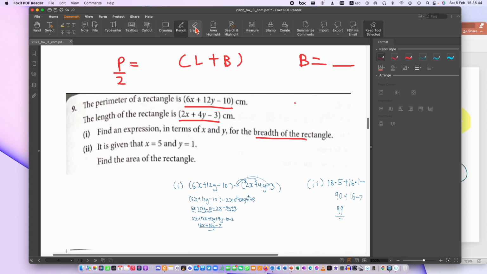So how do you get B equals to something? That's your objective. So what do you need to do next? Until you have B equals to something.